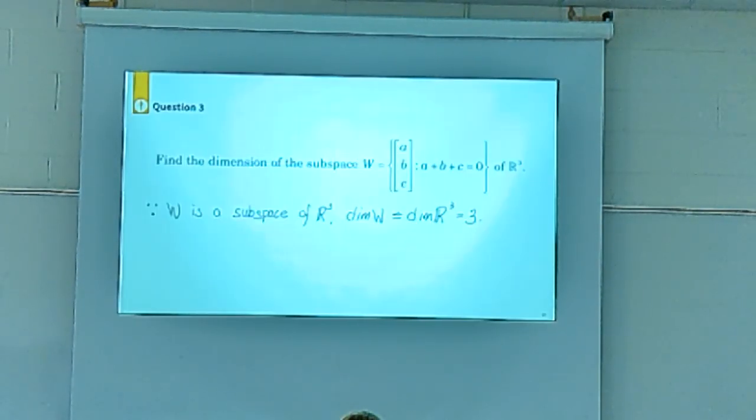So let's just create a set of 3 vectors that are in W and check to see if it forms a basis. I'm going to form a standard basis.